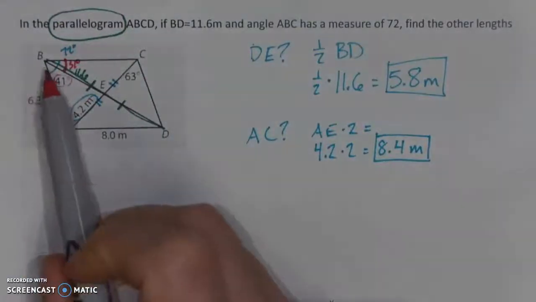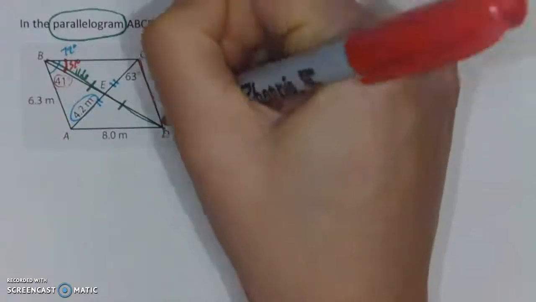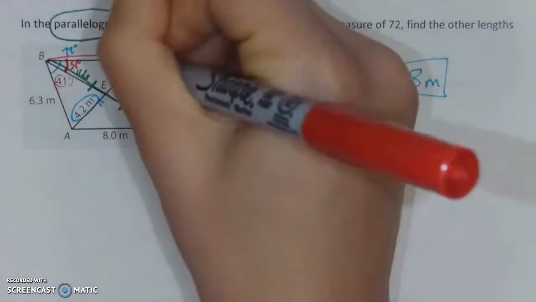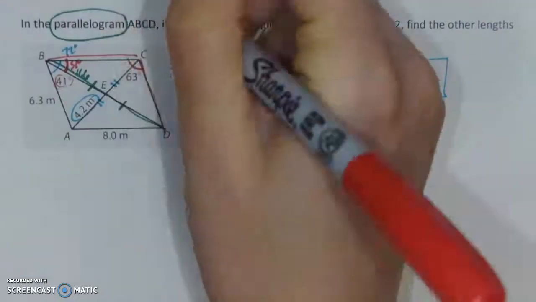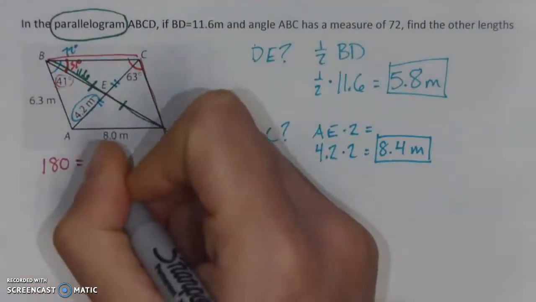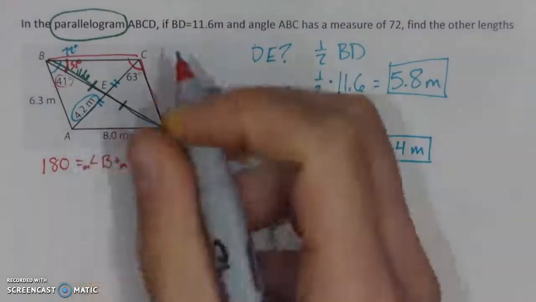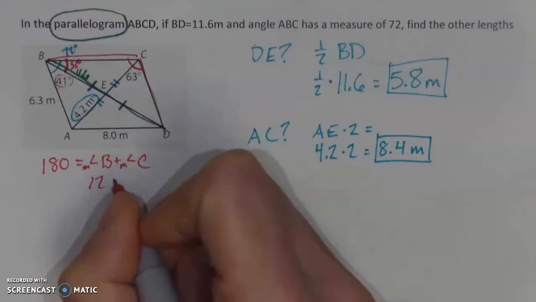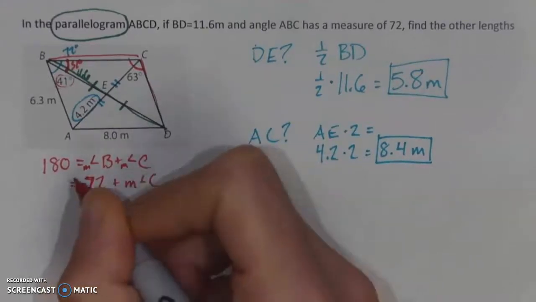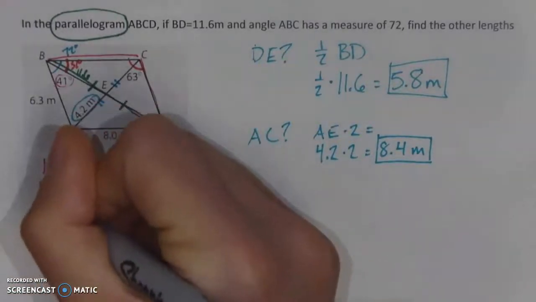But that's not all. If I wanted to find the angle BCD, well, I know that these two angles, 72 and the whole of C, are going to be supplementary, which means I can do 180 equal to angle B plus angle C, or at least their measures. Since angle B is 72, I can then find my angle C by doing 180 minus 72, which is 108.